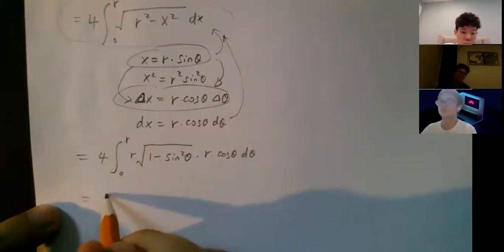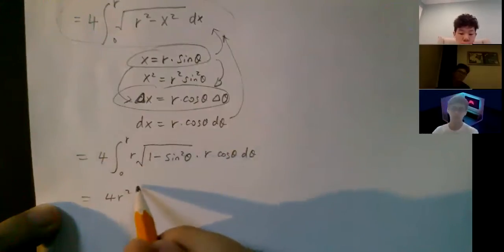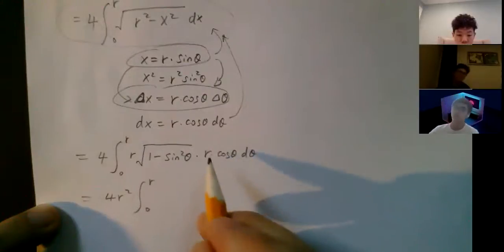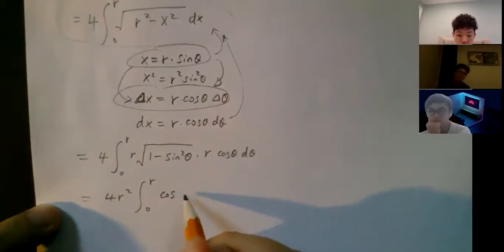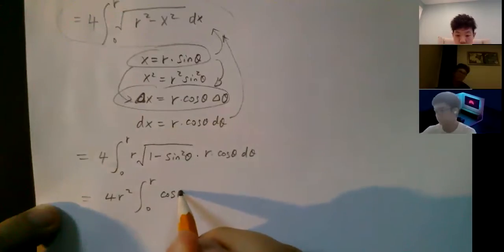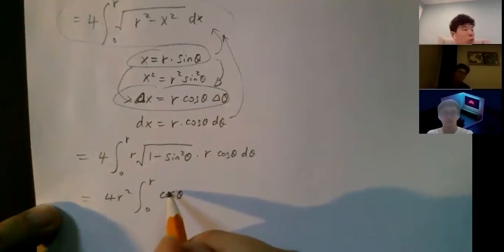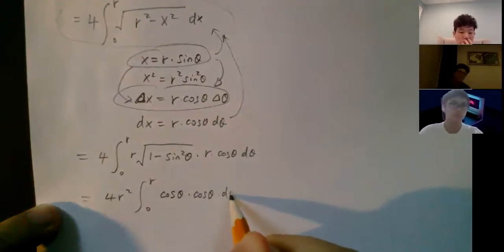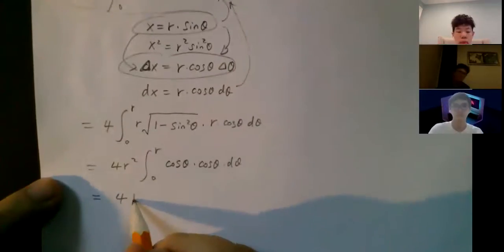So that becomes 4r. R is constant because that's the radius, sorry. We will change this later. This one is cosine, 1 minus sine theta squared is cosine theta squared, and after the square root, because everything is positive, here is cosine times cosine d theta. So this becomes 4r squared.